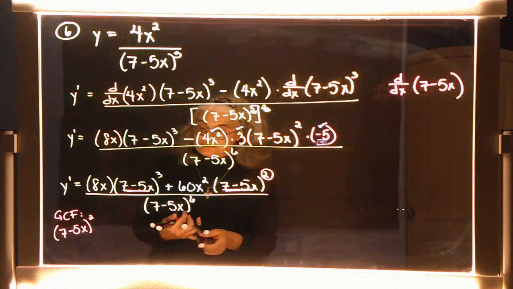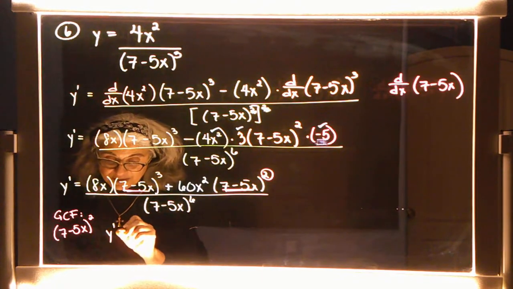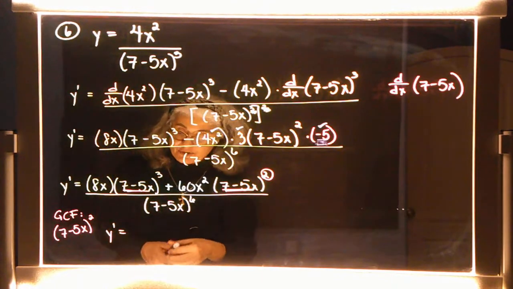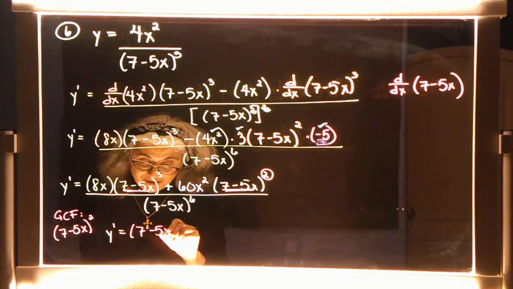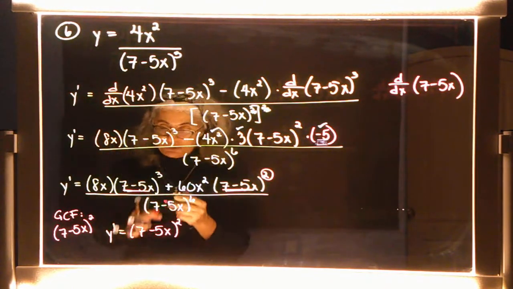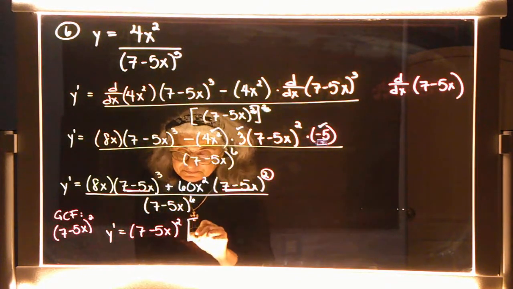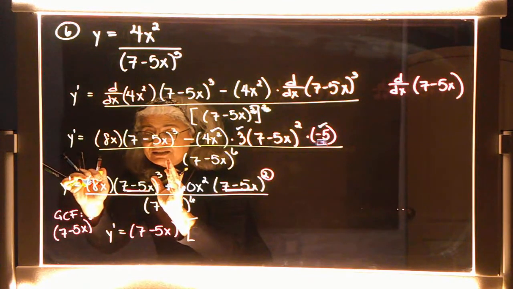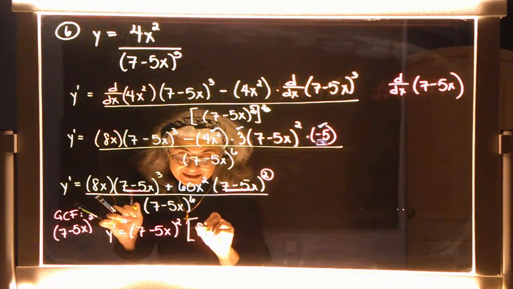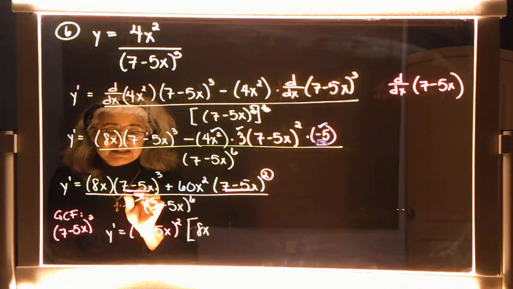So now we have y prime equals, what are we taking out? (7 − 5x)^2. Let's see what remains. So out of this part, before the addition sign, good, we've got the 8x, and that's right, we have one of these 7 minus 5x.